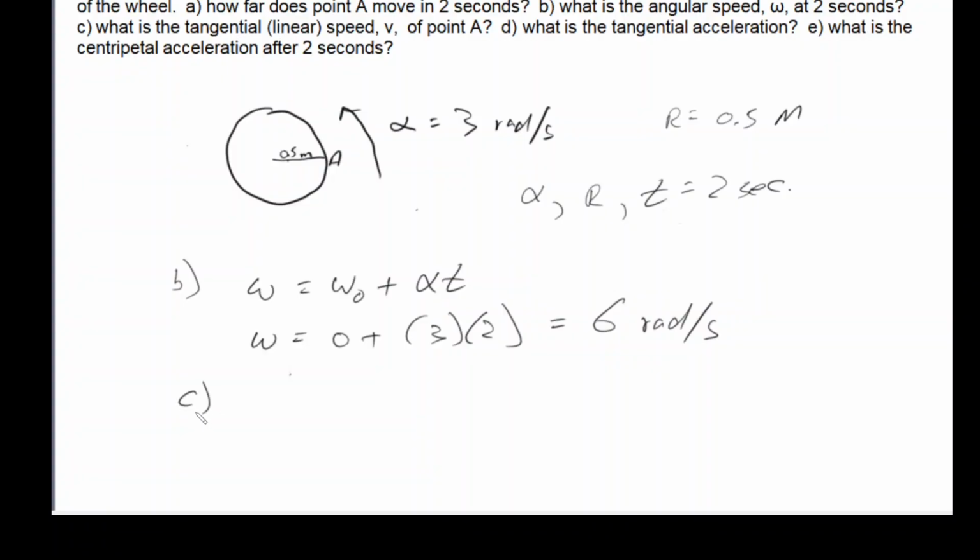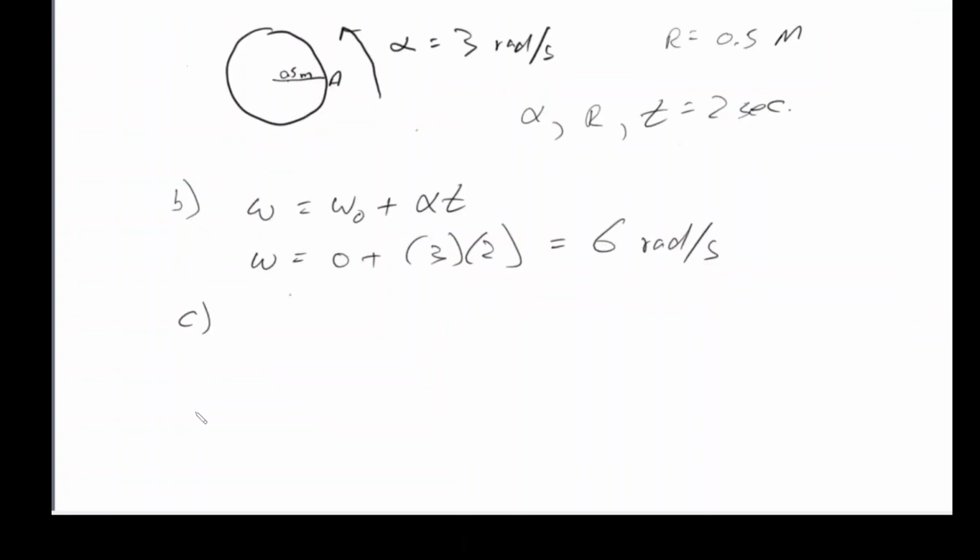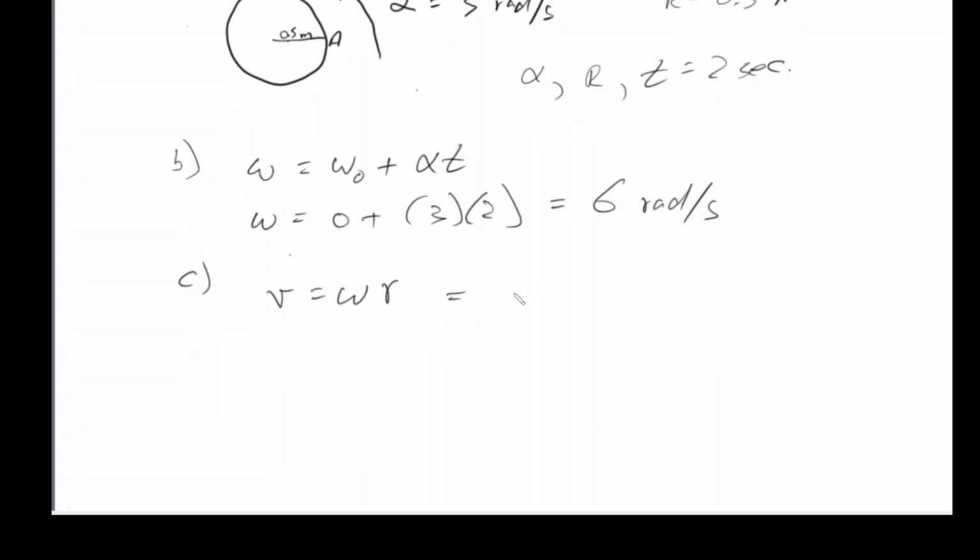Next part asks, what is the tangential or linear speed of point A on the rim? So we know that linear speed is equal to omega times the radius. And we know that omega is 6 and the radius is 0.5 meters.